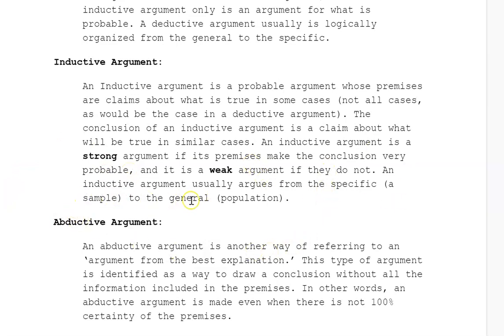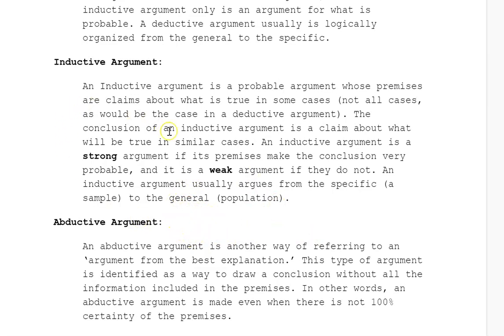An inductive argument usually argues from the specific, a sample, to the general population of whatever it is you're taking into consideration. So in other words, induction is also another word for conclusion, but it has more specific technical language whereby if we're drawing inductive arguments, we're thinking of the way in which we're moving from a specific example to then draw a general conclusion.